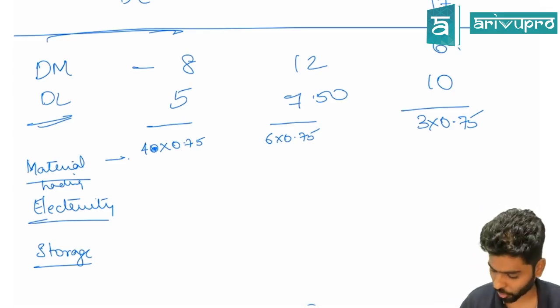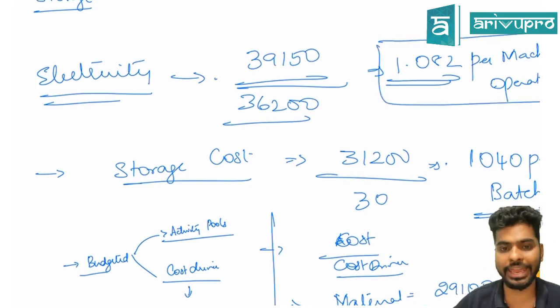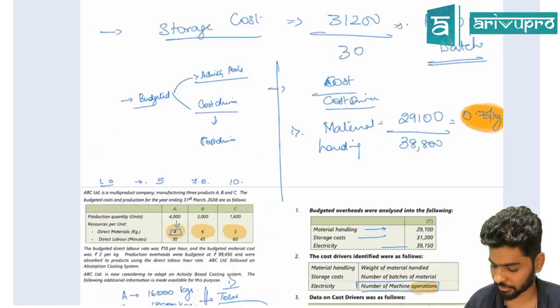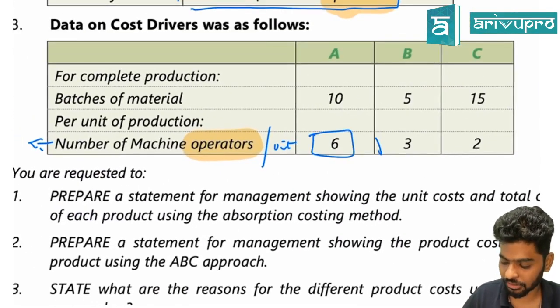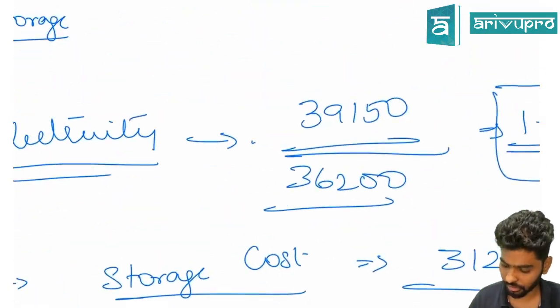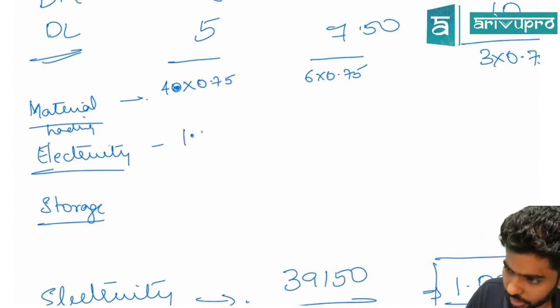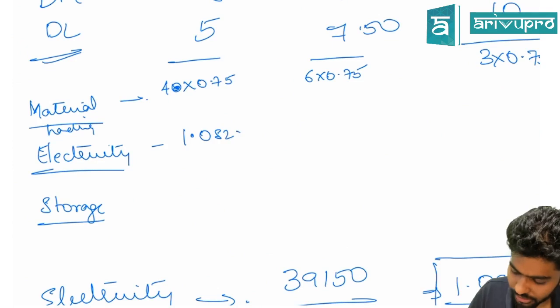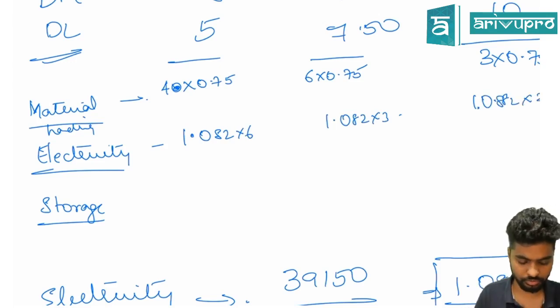Now electricity, what are they saying? It is 1.082 per machine operation. Now see here, how many machine operations are they taking? 6, 3 and 2. So multiply by 6, 3 and 2. So 1.082 into 6, 1.082 into 3, 1.082 into 2.